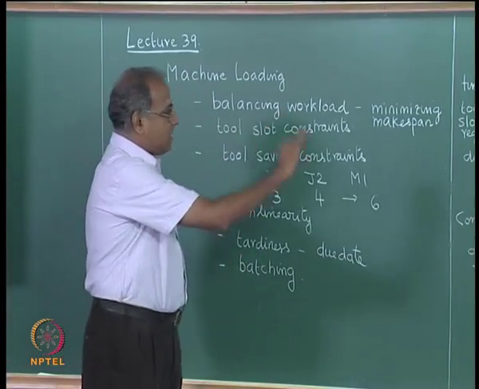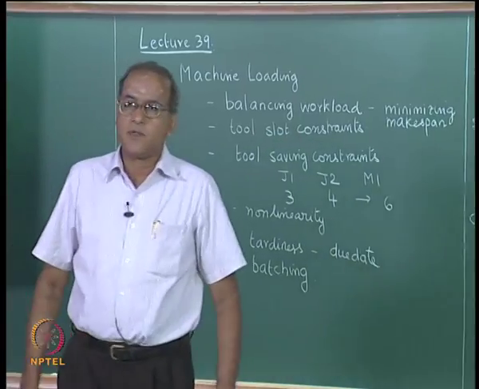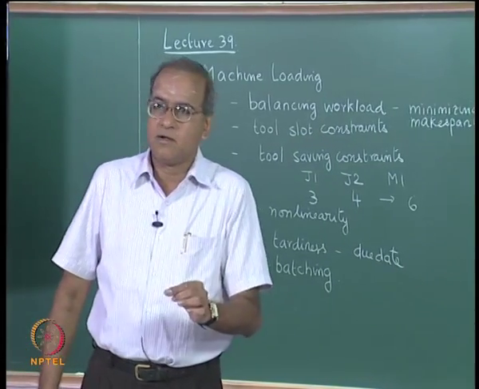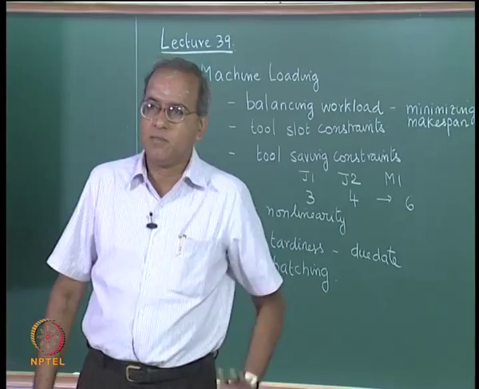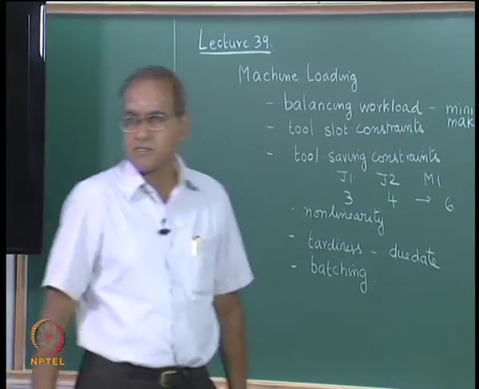So, this is how we understand the effect of all of these, particularly on the batching, loading, scheduling problem, to minimize the make span as well as to minimize tardiness.